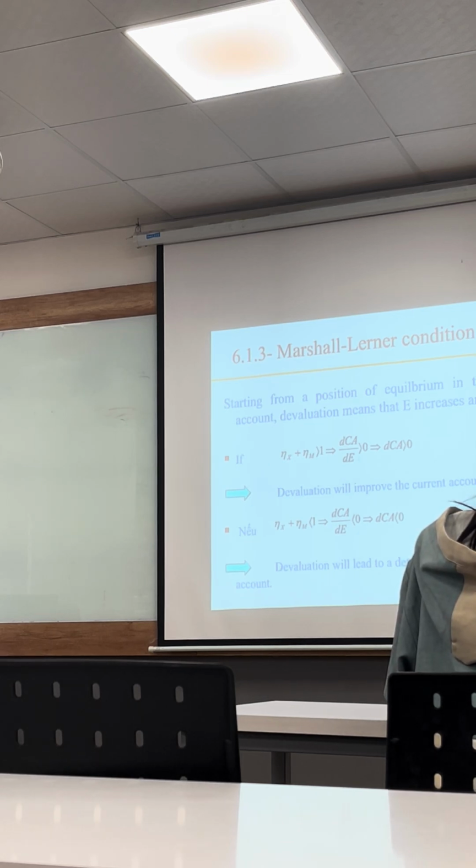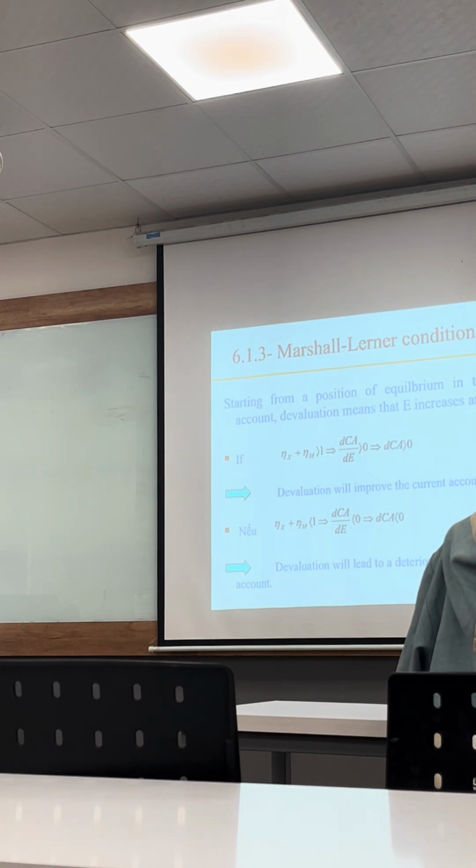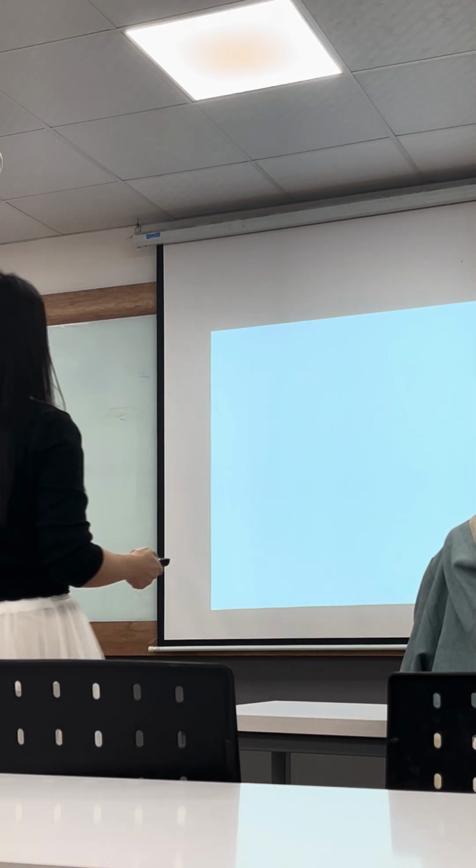Here you can understand why some countries like China can devalue their currency very successfully, but in other countries it's not like that. This is the Marshall-Lerner condition, and I have an example.